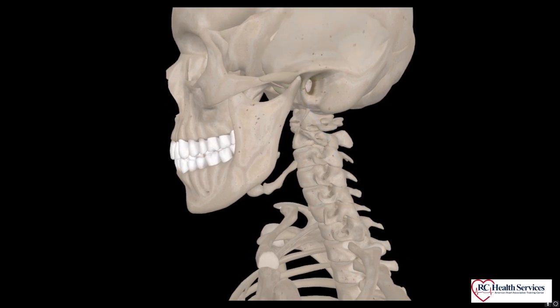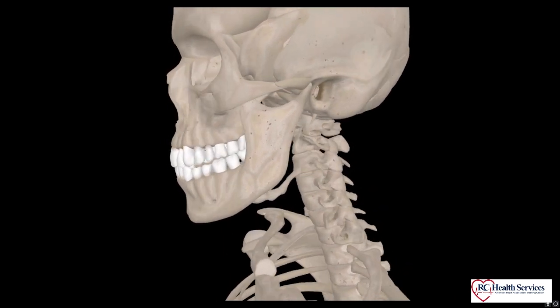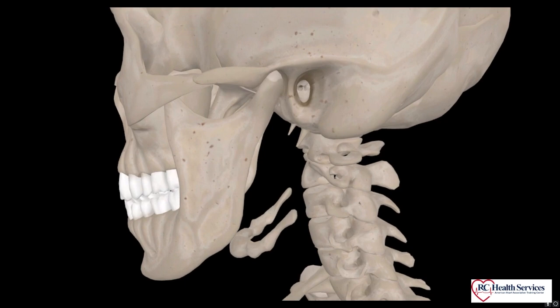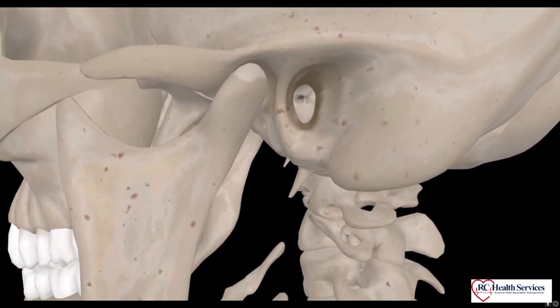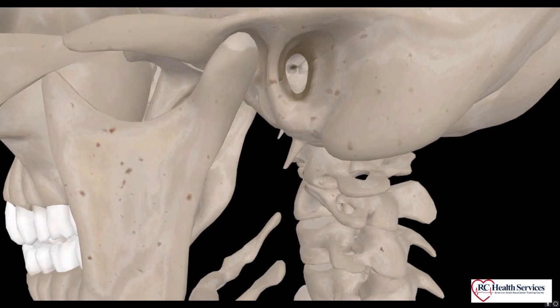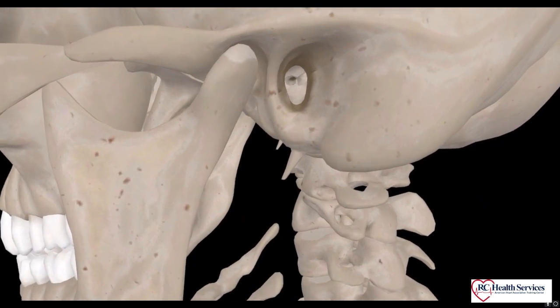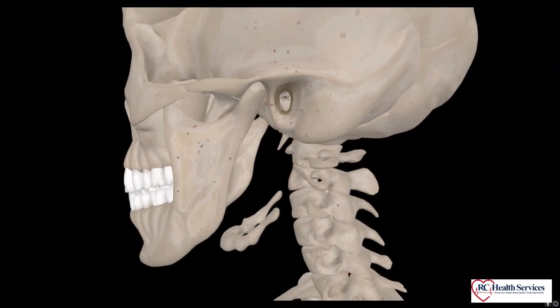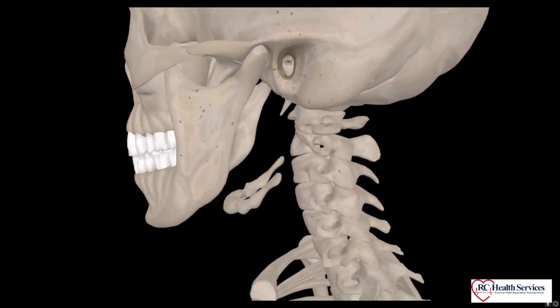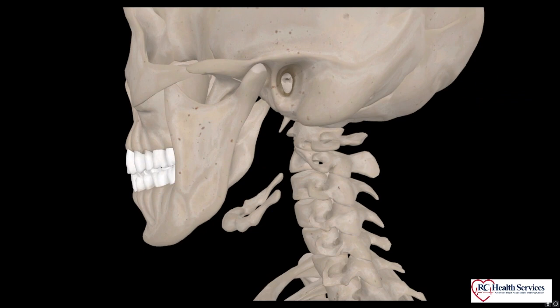There you can see the canal for the ear. The ear also has bones. The ear is made up of 3 different bones that basically vibrate and hit each other to convert the vibrations into sound that your brain can comprehend.